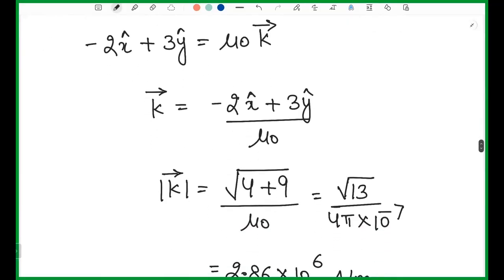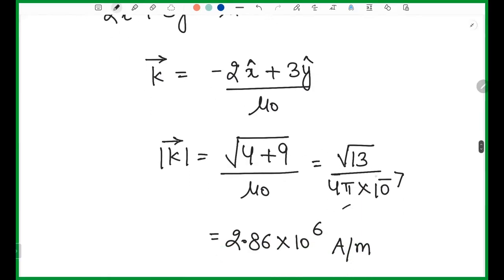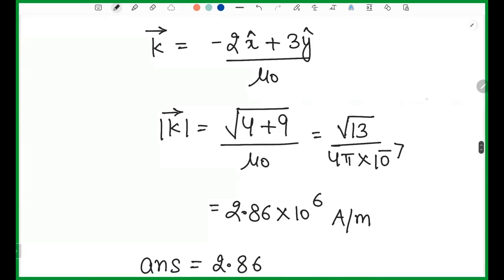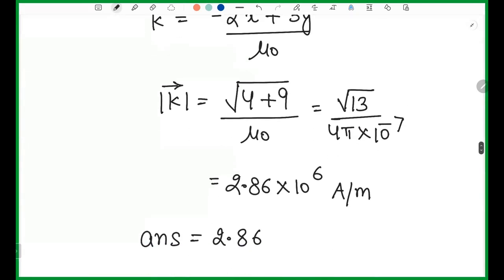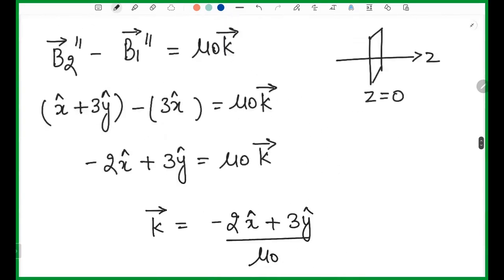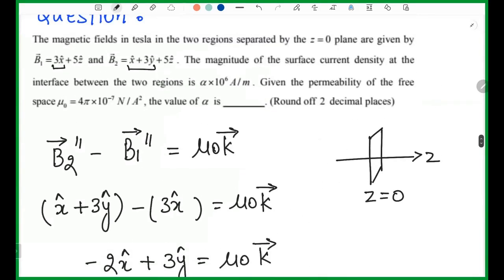Its magnitude is the square root of 2 squared plus 3 squared, which is root 13, divided by mu naught. If I put in my value of mu naught, which is 4 pi into 10 to the power minus 7, and using the calculator, which is allowed, I will get 2.86 into 10 to the power 6 amperes per meter. I need to give the answer in terms of 10 to the power 6, so my correct answer will be 2.86.